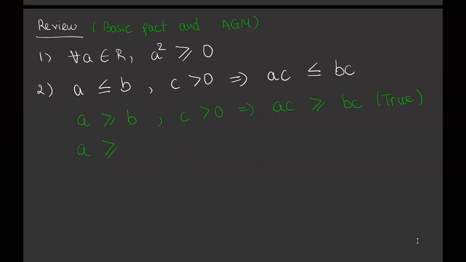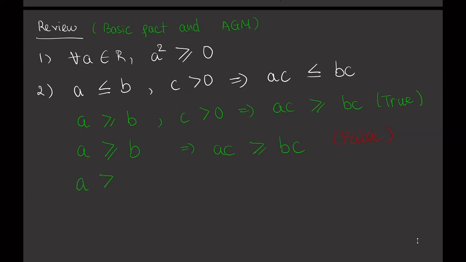What if I have a greater than or equal to b, I don't know any information about c, and I say ac is greater than or equal to bc. Is it true or false? Why is it false? Because if c is smaller than 0, then the inequality flips. Correct. So if you have a greater than or equal to b and c smaller than 0, then ac will be less than or equal to bc. And this one is true.